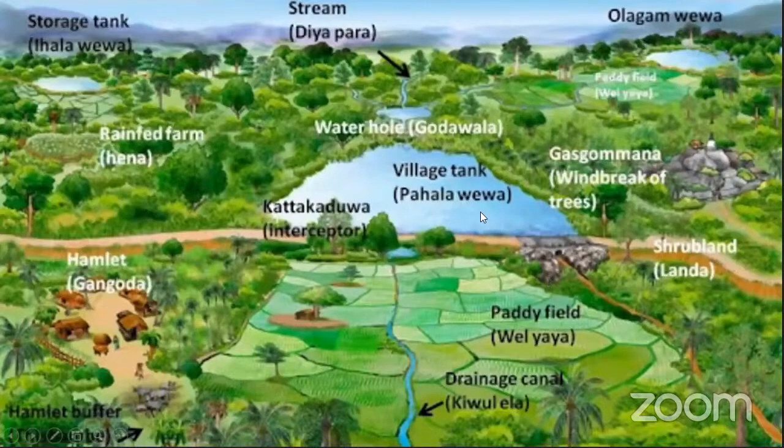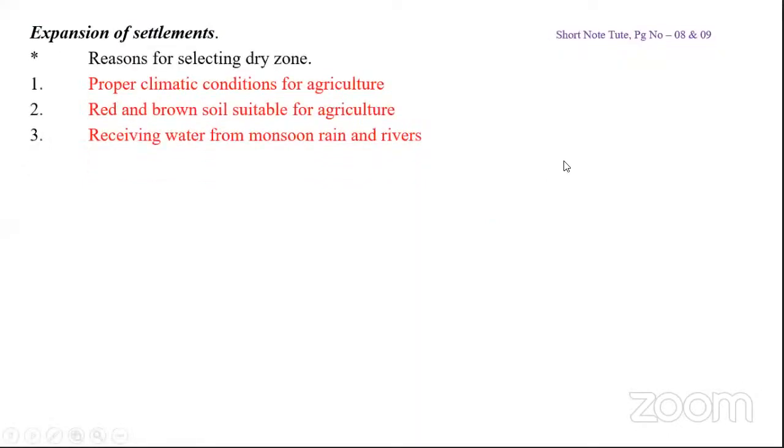So then we'll move on to the next one: expansion of settlements. Reasons for selecting the dry zone. After coming into the agricultural age, why did they select the dry zone? These are the 3 reasons why they selected the dry zone. Proper climatic conditions for agriculture. Proper climatic conditions are needed for agriculture, and that is found in the dry zone.